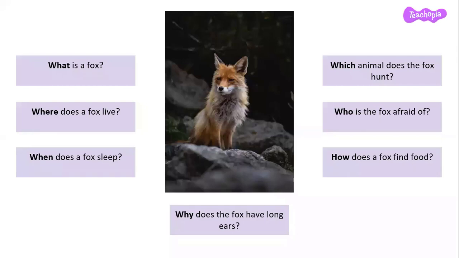So let's just take all of these question starters and start building. Remember that each of these question starters is used for a specific purpose, and keeping that in mind helps us build an exhaustive list of questions with respect to a topic. So a topic as simple as a fox, and we can come up with all of these questions.